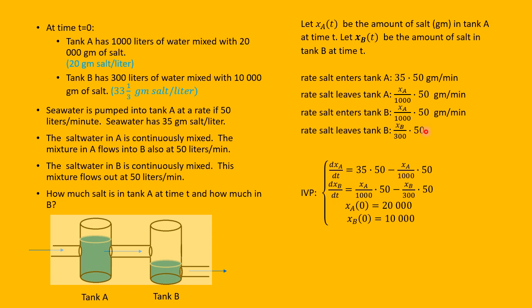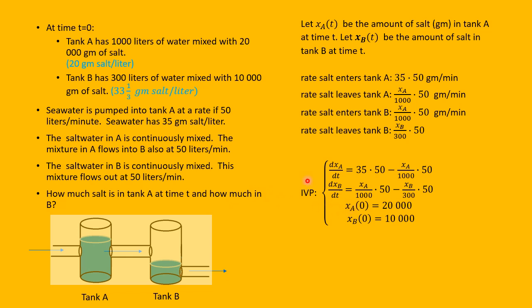And then the rate that salt leaves tank B is the concentration of salt in tank B times the flow rate. So then what we have is the rate of change of the amount of salt in tank A with respect to time is equal to the rate salt enters tank A minus the rate salt leaves tank A. The rate of change of salt in tank B is equal to the concentration of salt in tank A times the flow rate, salt enters here, minus the concentration of salt in tank B times the flow rate out right here.